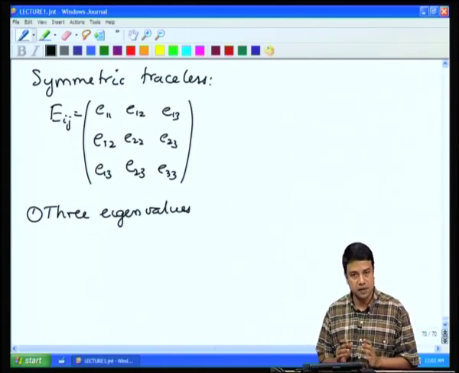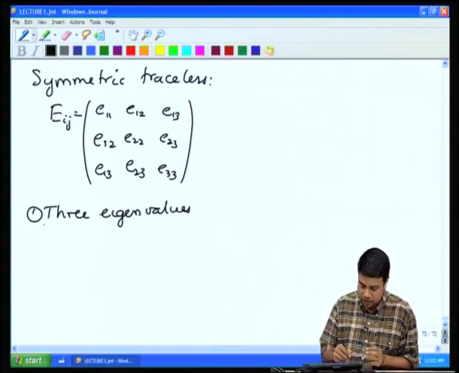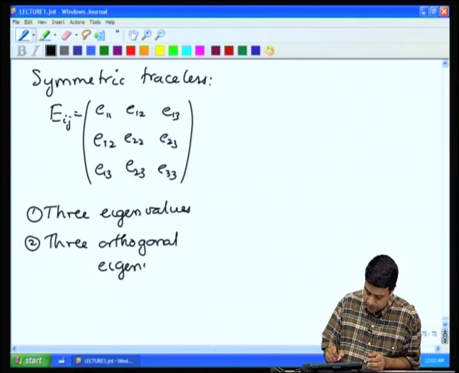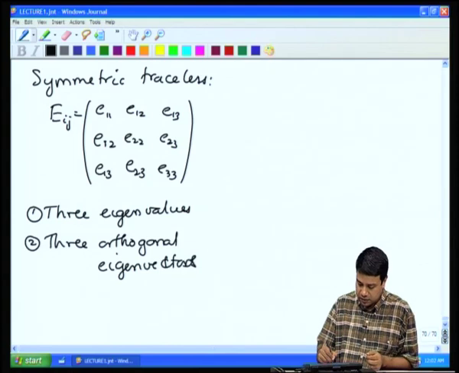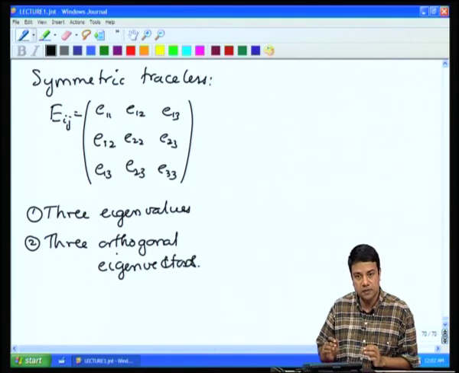You know that if the tensor is equal to its transpose, its eigenvalues are real, and it has 3 orthogonal eigenvectors. In addition, since it is traceless, the sum of the eigenvalues has to be equal to the sum of the diagonal elements of the matrix.